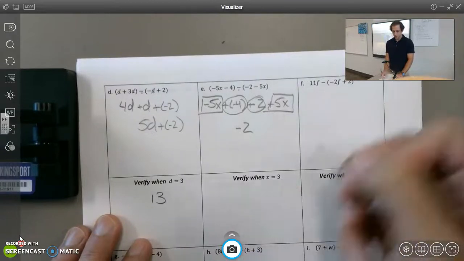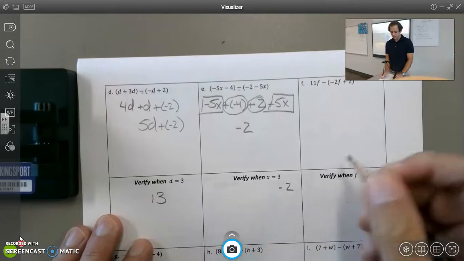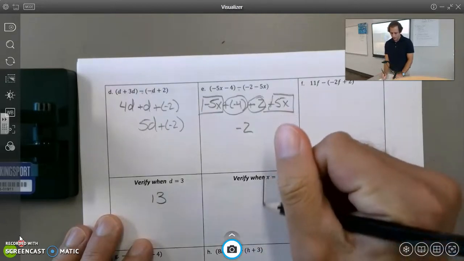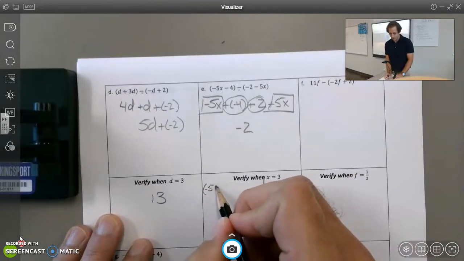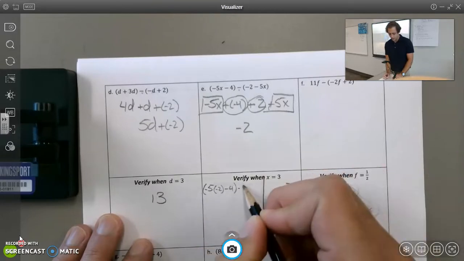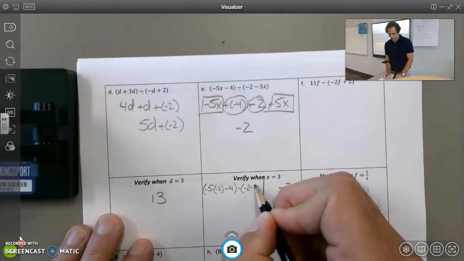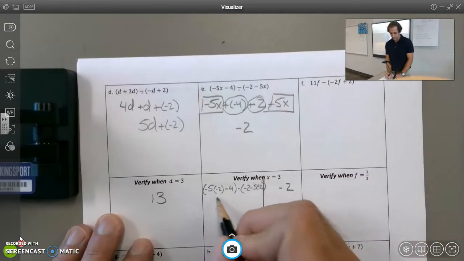Now, verifying would be kind of interesting on this one because I've already said my expression is negative 2. What happens if I plug in? Well, let's plug into this expression up here. Negative 5, I'm putting in negative 2 for x, minus 4 minus negative 2 minus 5 times negative 2. Okay, it's a lot of numbers there.